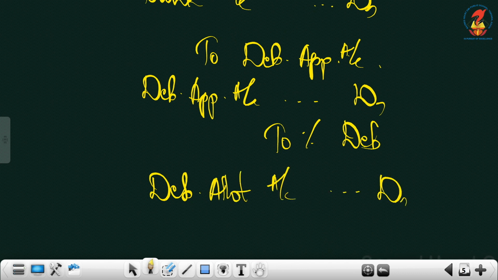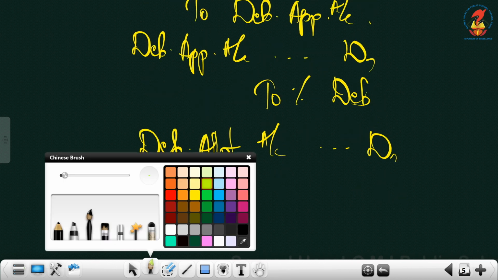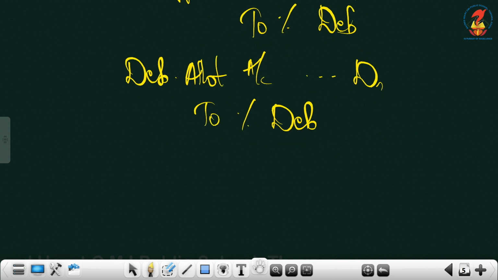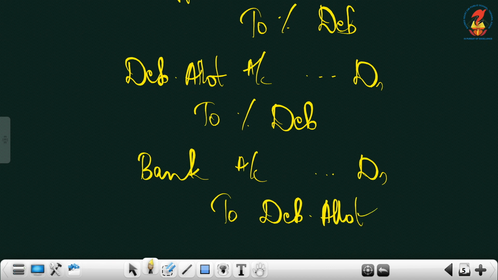So debenture allotment account debited to percentage debentures. Then the next one is bank account debited to debenture allotment account.